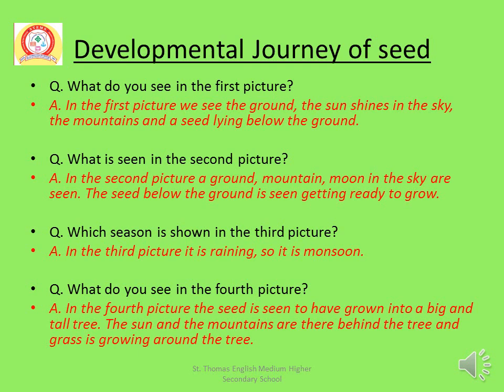A seed is seen lying below the ground. Second question, what is seen in the second picture? In the second picture, one ground, mountain, moon in the sky and the seed below the ground getting ready to grow.